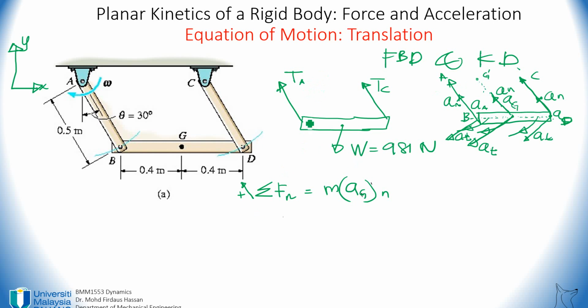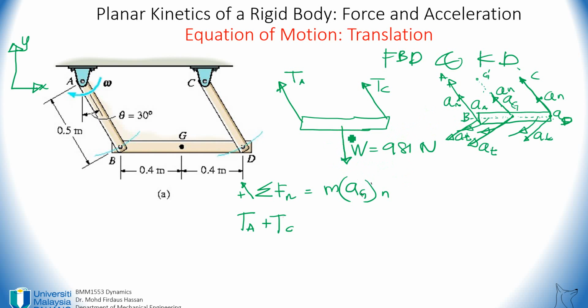Let's say I take TA plus TC, because TC has the same direction as TA. But the thing is the weight. Weight should be like this. Let me erase the wrong one.